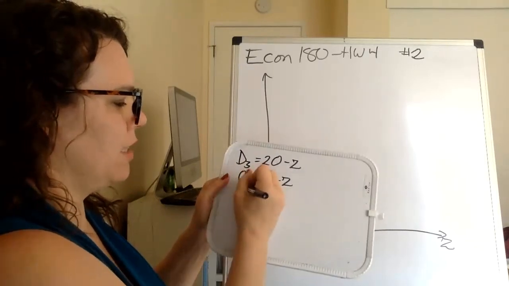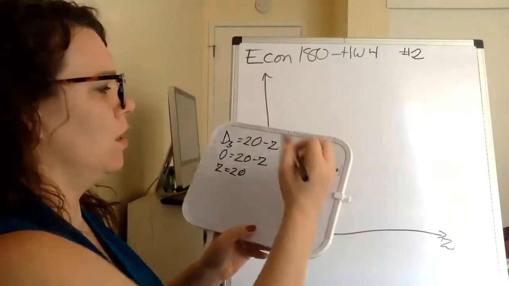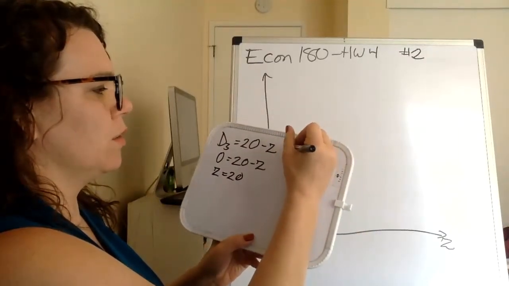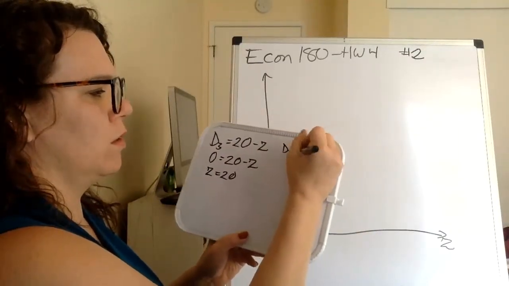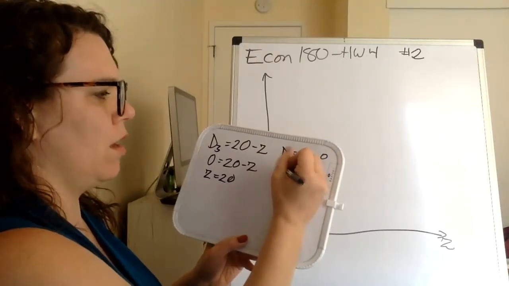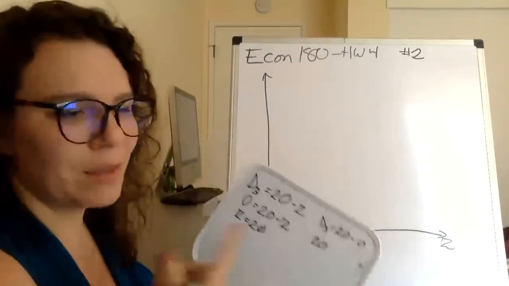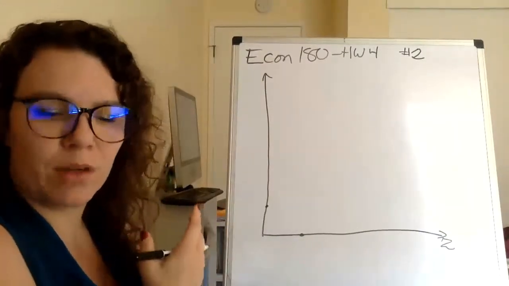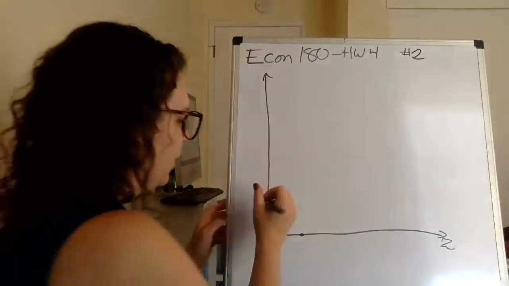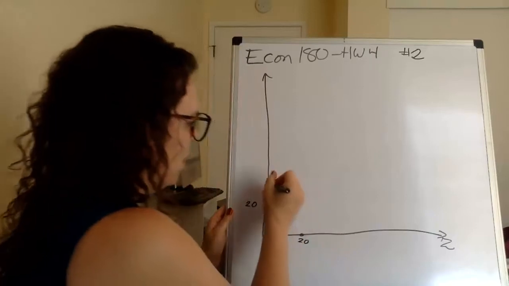Add z to both sides, and I get z equal to 20 when d is equal to 0. On the other hand, if z is equal to 0, then we just end up with 20. So our endpoints are going to be 20, 20. The math on that part is pretty easy, so hopefully you're comfortable with that. So demand 3 is 20, 20.